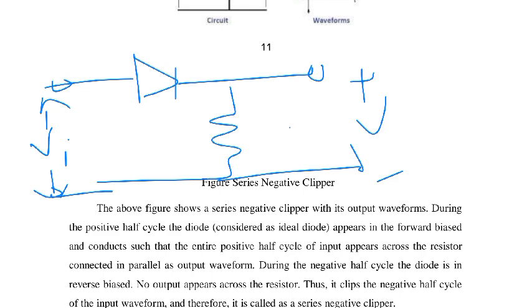In ideal conditions, during forward bias, the diode drop across it is 0 and the resistance must be 0.